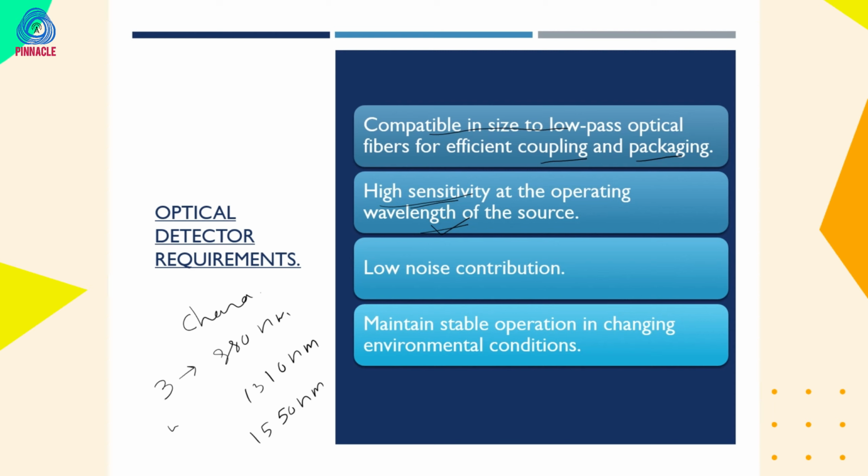So for these three windows, the detector should be sensitive. Third, and very important, is low noise contribution. And the fourth one is to maintain stable operation in changing environmental conditions. That means if the temperature or humidity changes, the detector characteristics should remain stable.